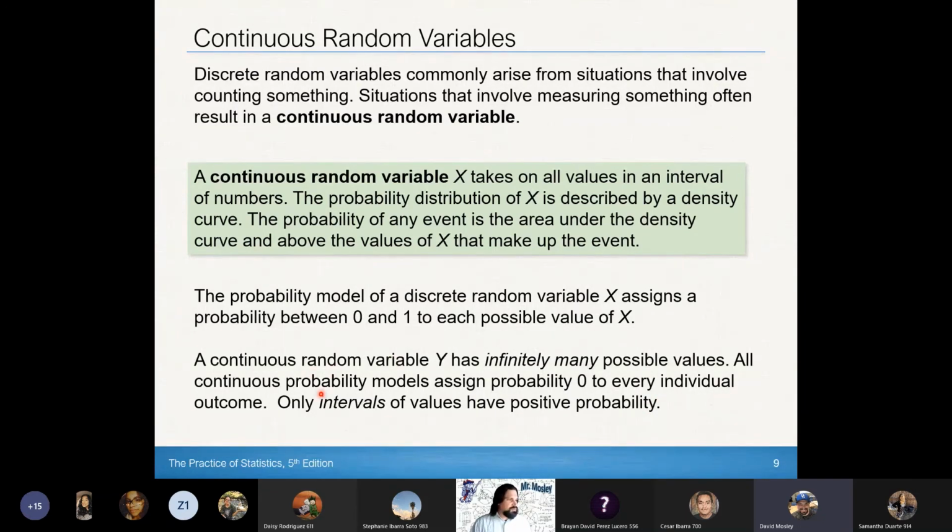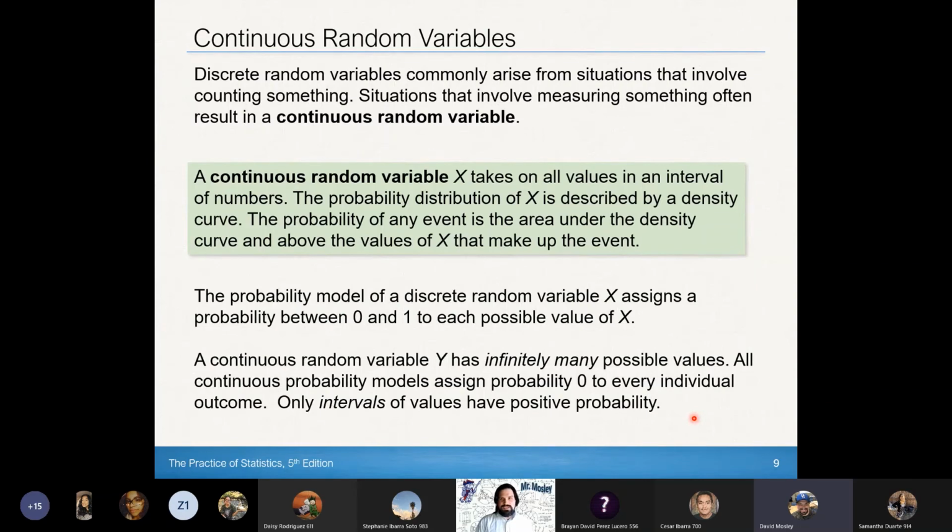All continuous probability models assign probability 0 to every individual outcome. Only intervals of values have positive probability. So if you're asked to find the probability of y equaling 1.3 on a continuous random variable, it's going to have probability 0.